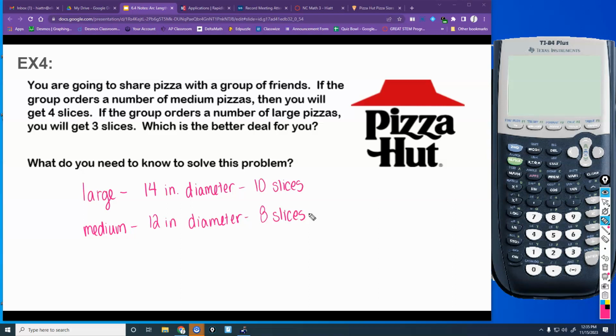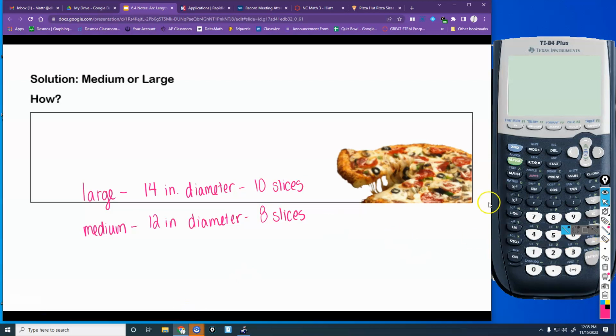Okay, so that's what we need to know for our problem. I'm going to flip over to the next slide because it's got workspace there. So let's draw this out. We have our large pizza, and it has a diameter of 14, and it is cut into 10 slices, which is harder to do than 8 slices.